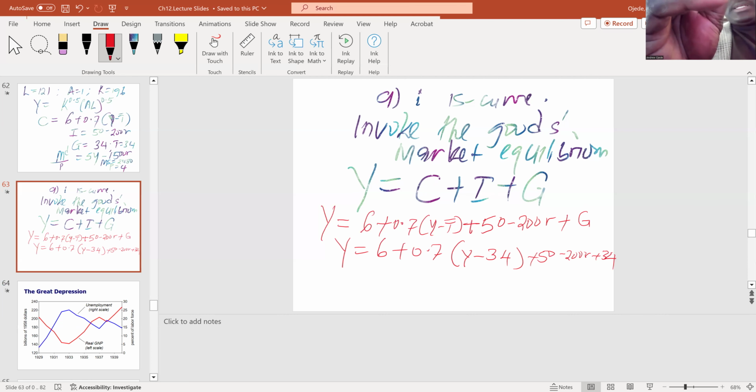Okay, then we open that bracket. So Y is going to be equal to 6 plus 0.7 times Y, that's 0.7Y, and 0.7 times minus 34. I need my calculator here.